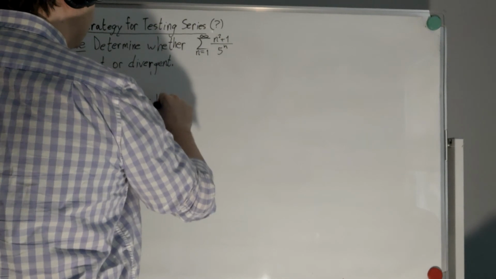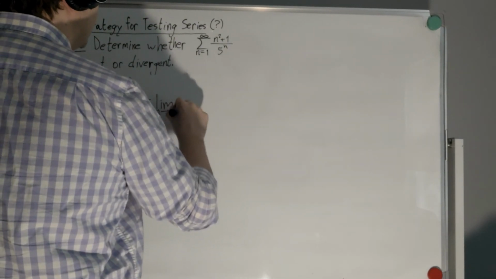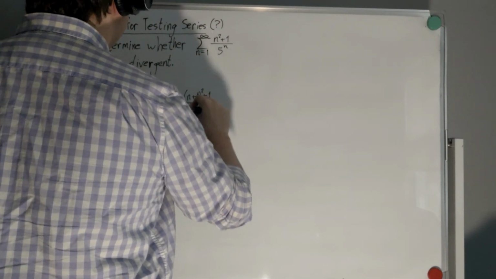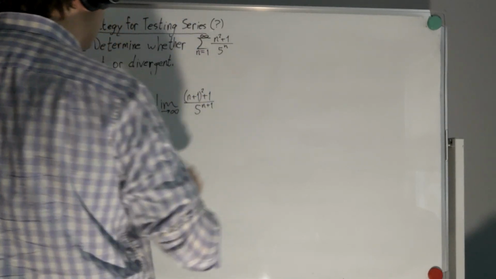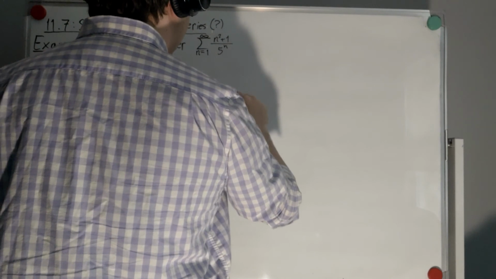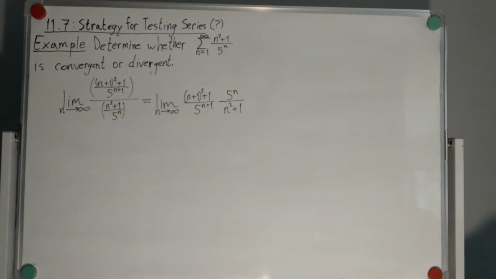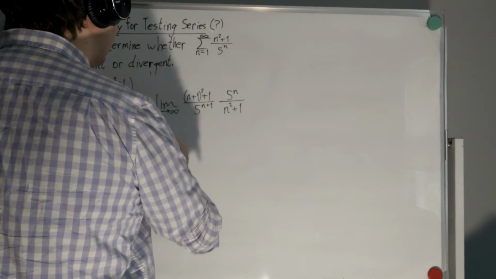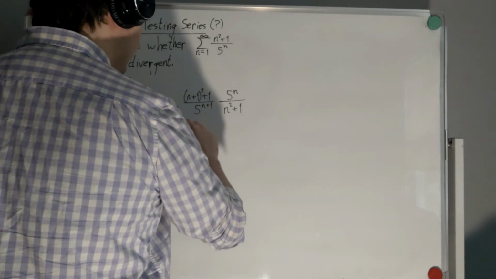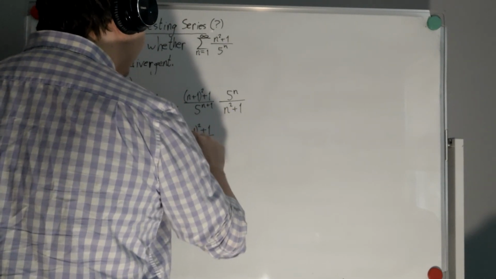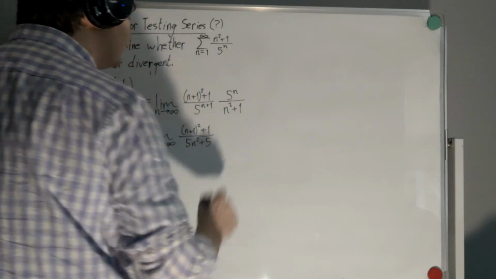This is the same thing as the limit as n approaches infinity of n plus 1 squared plus 1 divided by 5 to the n plus 1 multiplied by 5 to the n divided by n squared plus 1. The n factors of 5 cancel from top and bottom, so we're left with the limit as n approaches infinity of n plus 1 squared plus 1 divided by 5 n squared plus 5.